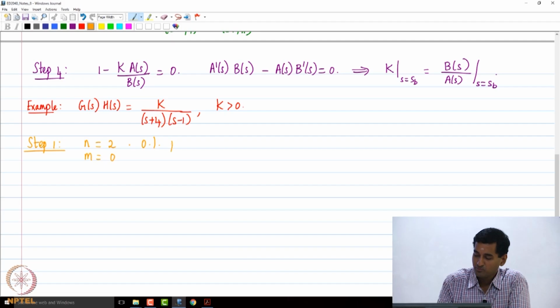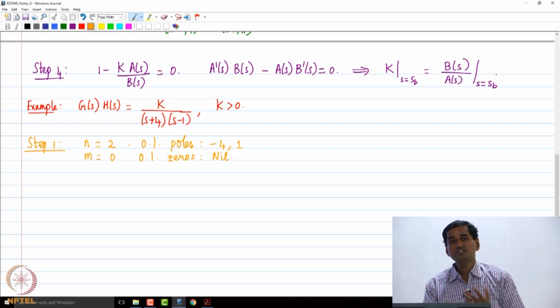The 2 open loop poles are at -4 and +1. So consequently we are going to have 2 branches starting from -4 and 1 as k tends to 0, and the 2 branches of the root locus will go to infinity along asymptotes as k tends to infinity.